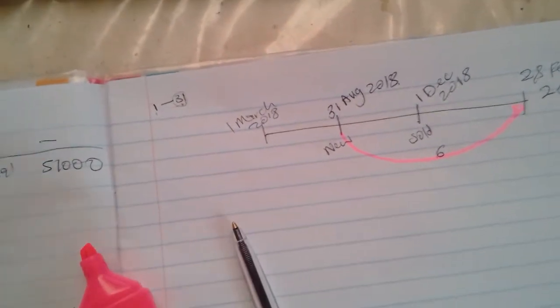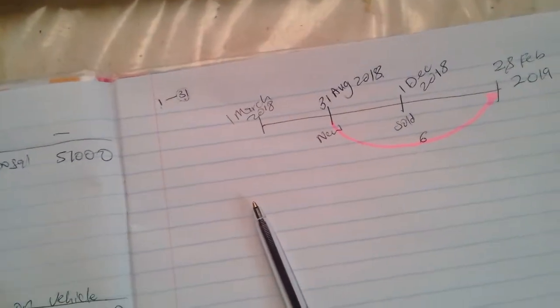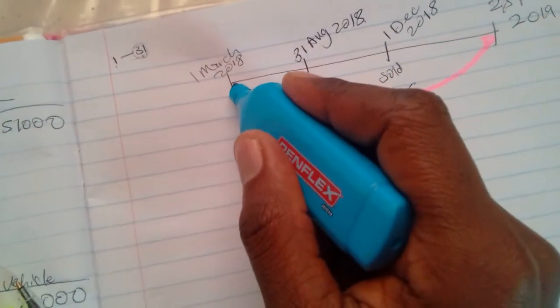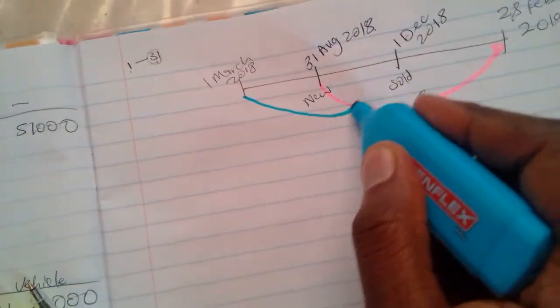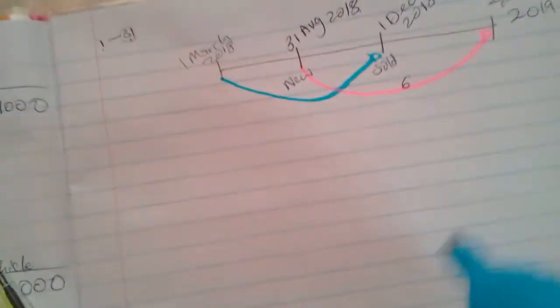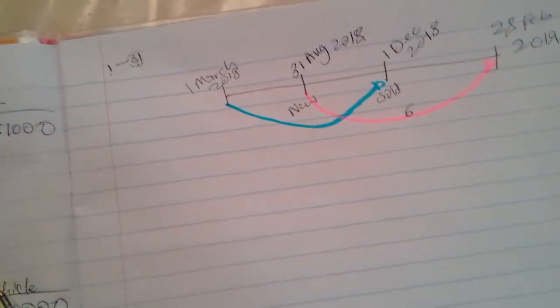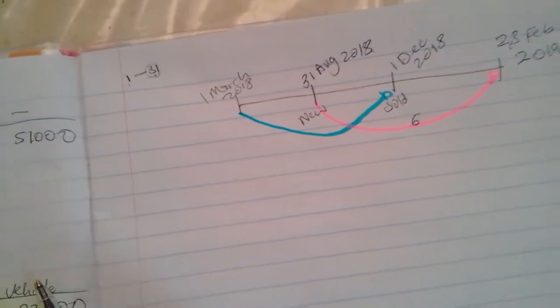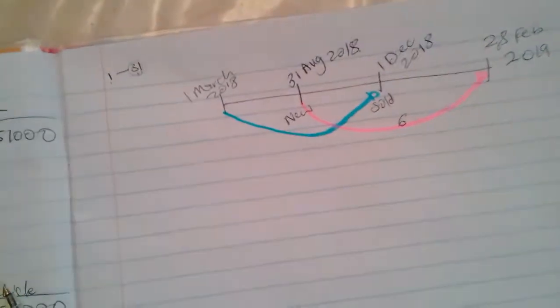So after, let's count how many months this sold asset spent inside the business. Our sold asset has been inside the business from 1 March 2018 until 1 December 2018. That means they sold it at the beginning of the month. It means we cannot count December because the asset has not been there for the whole month of December.